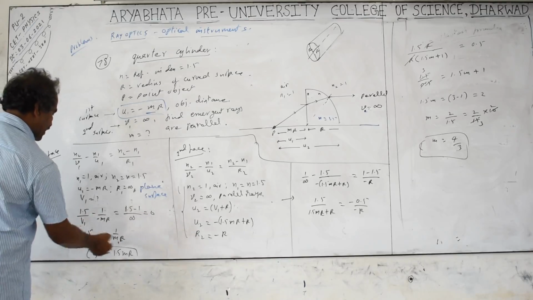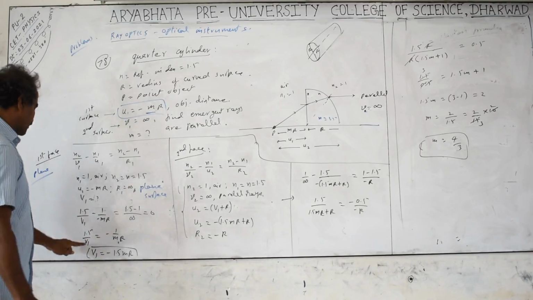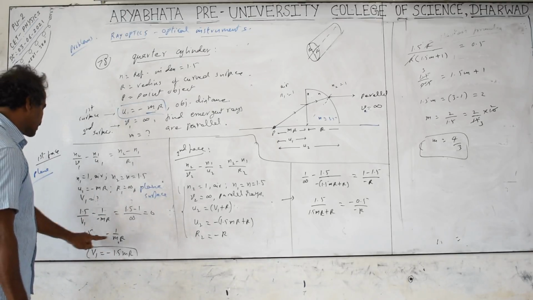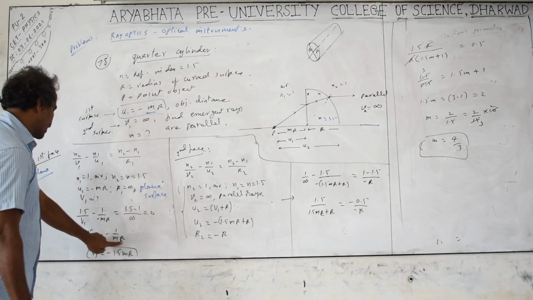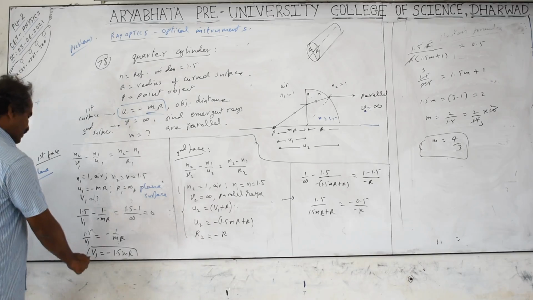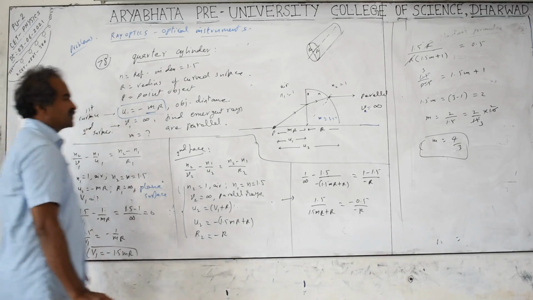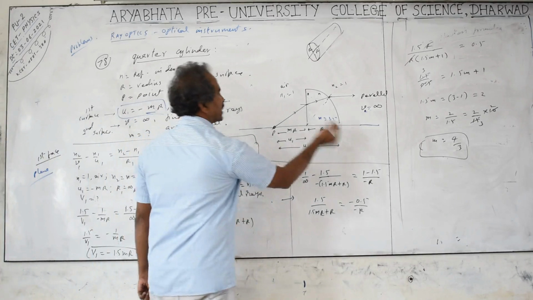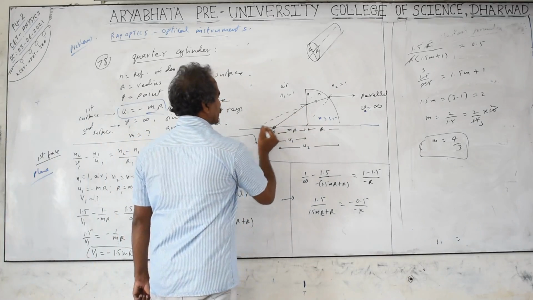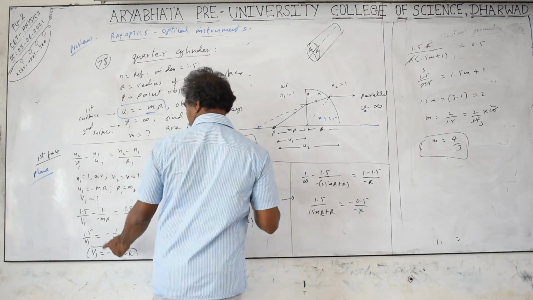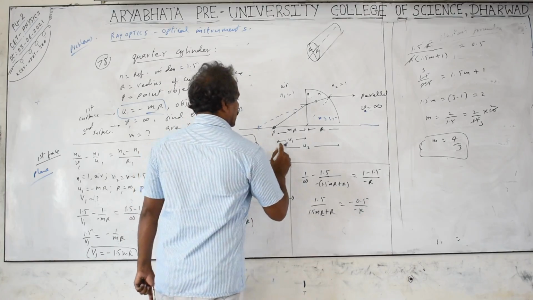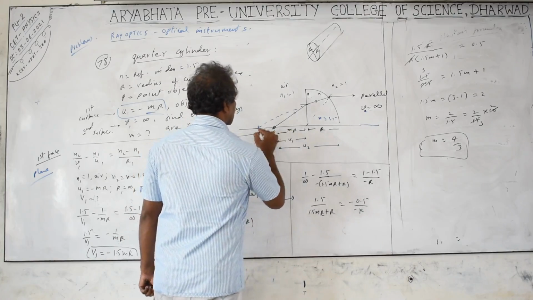Taking this to the right side, it becomes 1.5 by v1 equals minus 1 by mr. Get the expression for v1: the image distance v1 equals minus 1.5 times mr. Negative indicates the left side direction, that means the image is formed on the left side only. From here to here is v1.